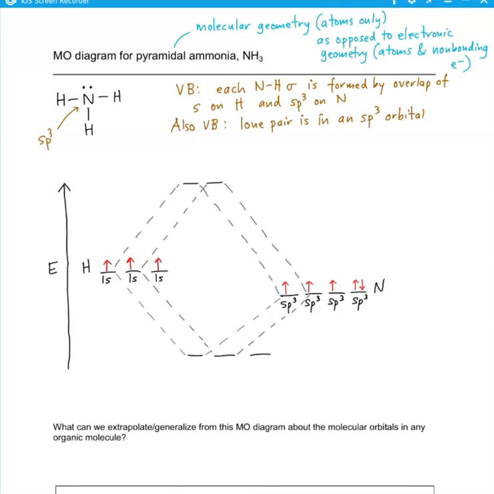And finally, there's a third NH sigma bond, and so we have to take the remaining s orbital on the third hydrogen and combine that both in and out of phase with a third sp3 orbital, like so.